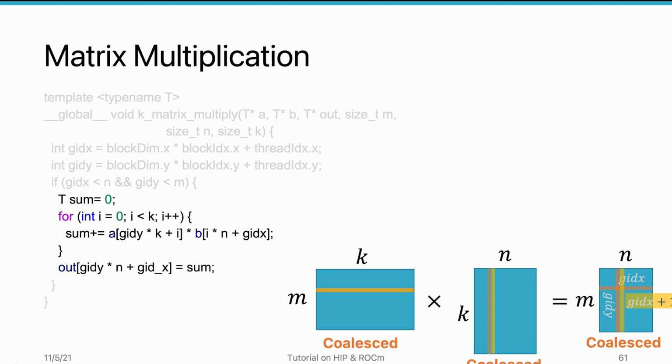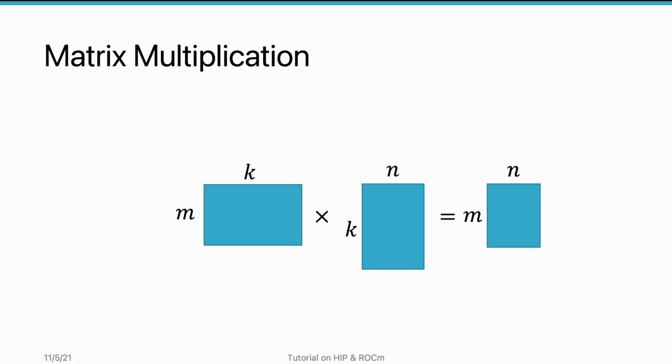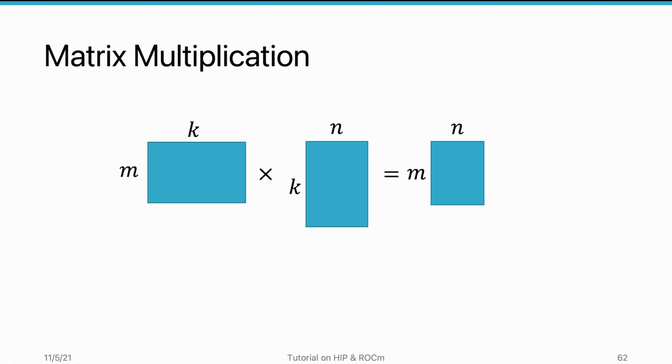So let's try to dive deeper into how memory access works in this case. We have three matrices. Let's say one wavefront is processing this type of data. In the first iteration, this tile is accessing this piece of data in the A matrix and this piece of data in the B matrix.